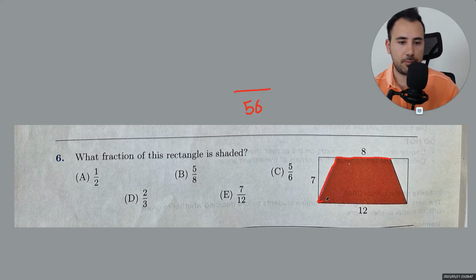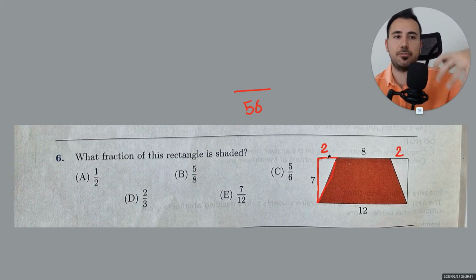Now the area of this trapezoid. There are two ways. Maybe you would like to find the area of these two. If this is 8, this is 12, so these are 4. This would be 2, this would be 2. You could find these areas and subtract them from the rectangle, or you could find the area of the trapezoid itself.